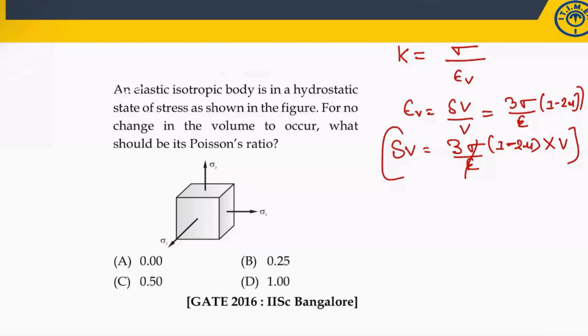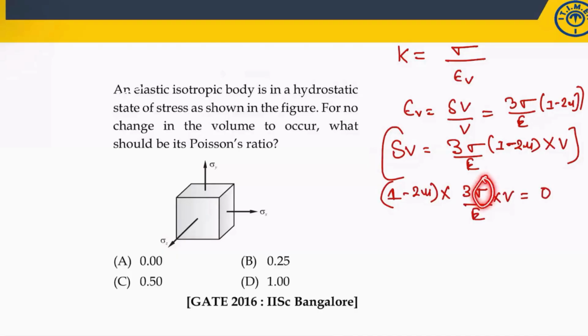Very simple. This is the equation you have to solve, which is equal to 0. That means the mu value you will get from here. 0.5, sir. Yes, 0.5 is the correct answer. (1 minus 2 mu) into 3 sigma by E into volume is equal to 0.